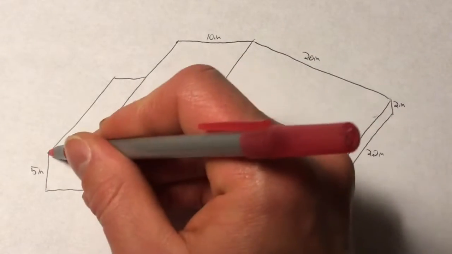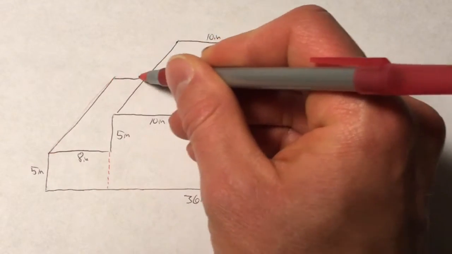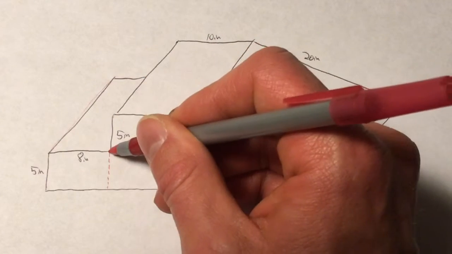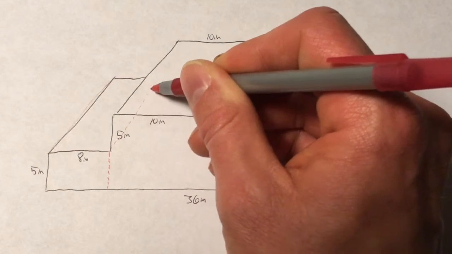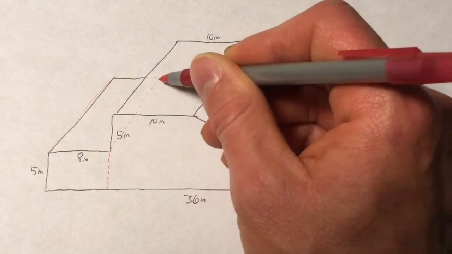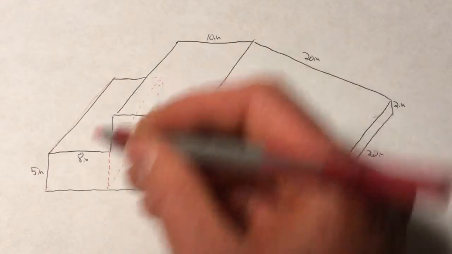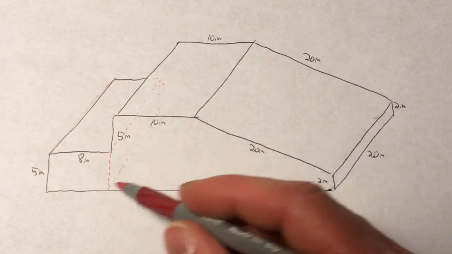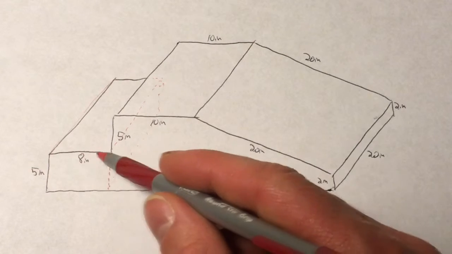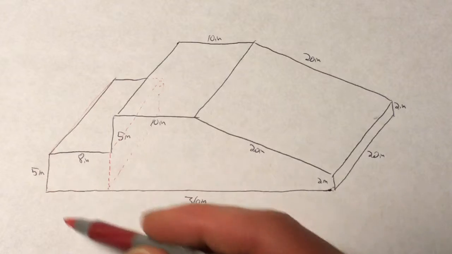I'm going to think of this as a rectangular prism all by itself. This one piece is 8 inches across and 5 inches down.